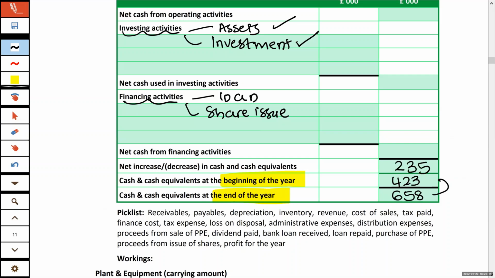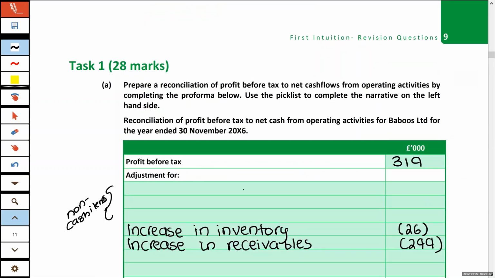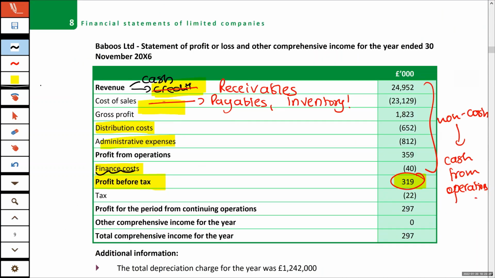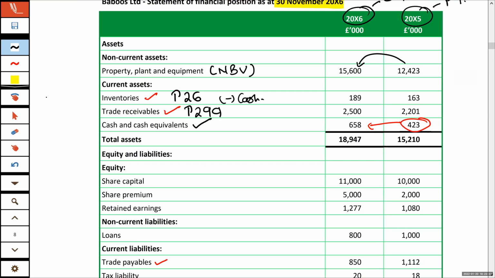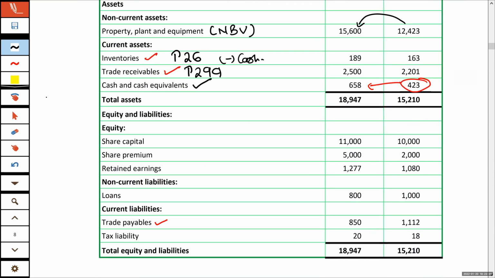Get the easy marks first. So cash and cash equivalent, done. Now moving down, I've got share capital, share premium, and retained earnings.